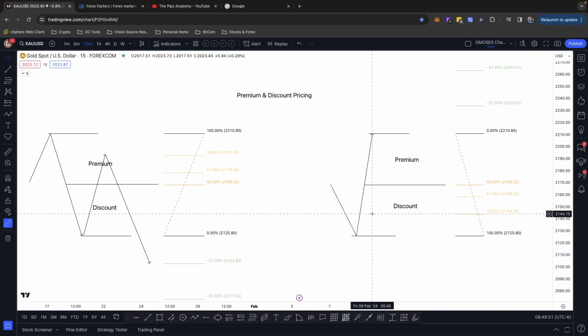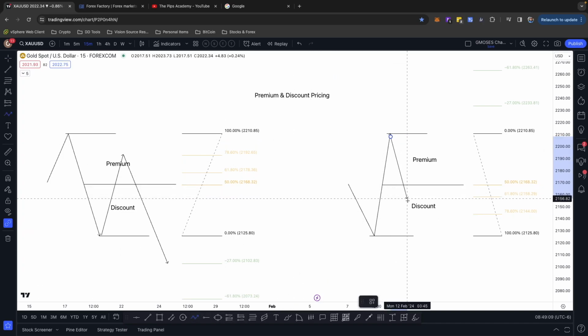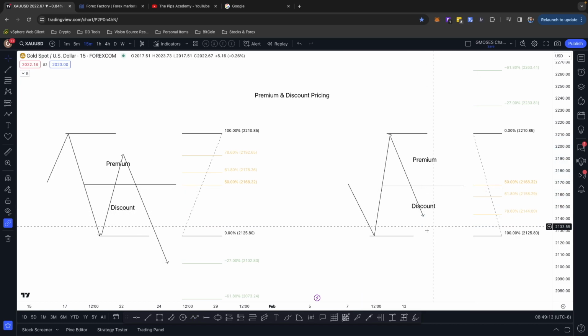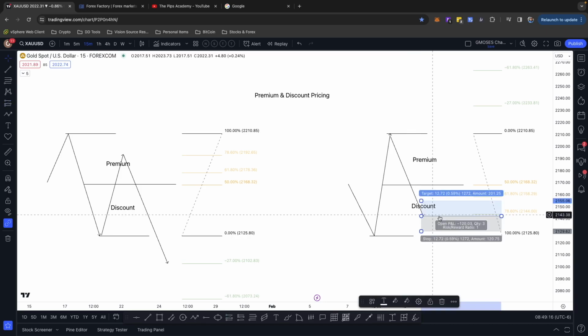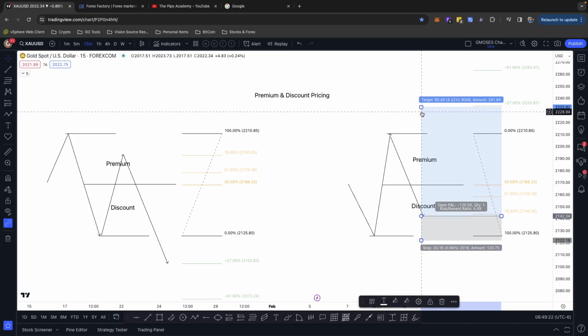Now, when we're looking for discount, when we're looking for buys, we can go back to the same analogy: when you buy something, you want to buy it at a discount. We don't want to buy at a premium. We want to sell things at premium, however we want to buy at a discount. So when price pulls back into discounted pricing, 50% or greater, that's where we want to look for our buys. If we were to take a trade here with a stop loss under here, we ride price up to the swing high or the negative 27 extension.